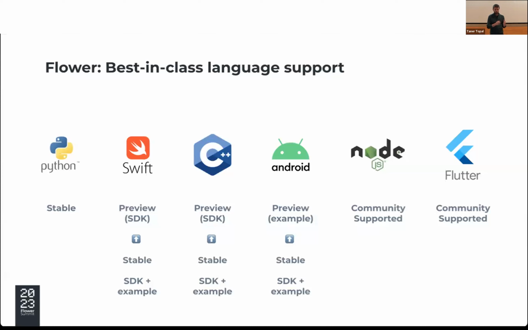On Swift, that's already possible. We have the SDK in a very early preview release, but for both of these mobile platforms and also for C++ support, the next step is to mature these SDKs and achieve feature parity with the Python SDK, feature parity and stability.